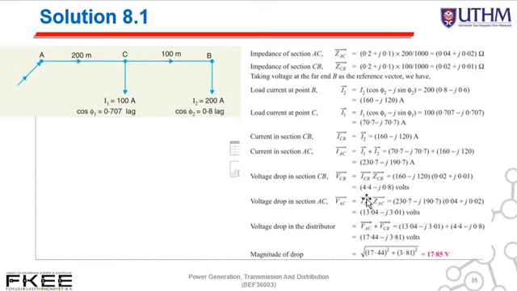But before that, you have to calculate the IAC first, which is over here. How to calculate IAC? You just apply KCL at node C. So IAC is equals to I1 plus I2.